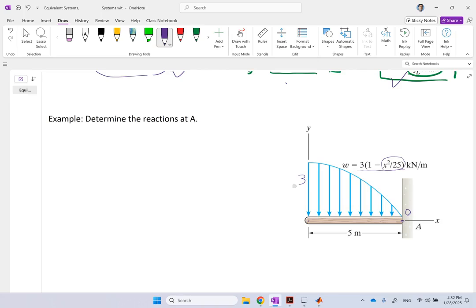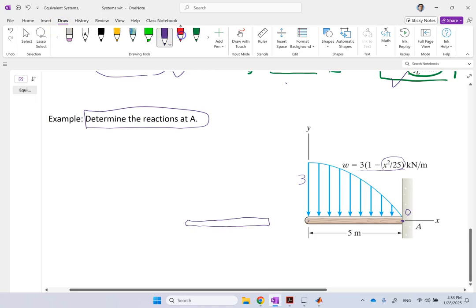The spread is 5 meters, and I want to replace that with a single load at a single location. Why do I need to do that? Because the problem did not ask for that. The problem says find the reactions at point A, and this is a cantilevered beam. So first thing I need to do is draw the FBD on that beam.